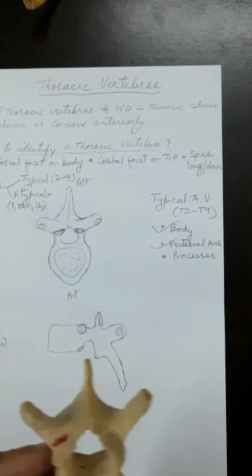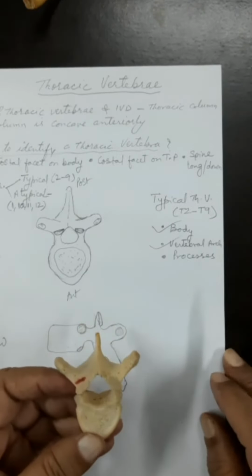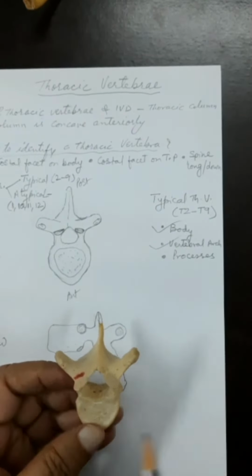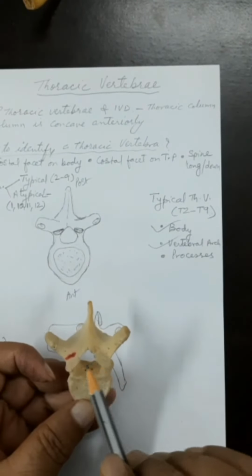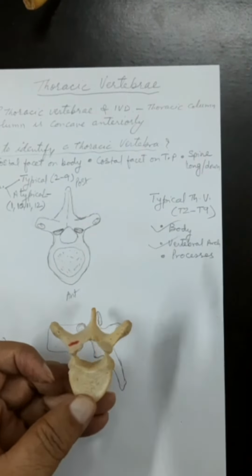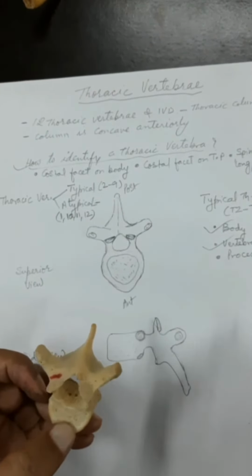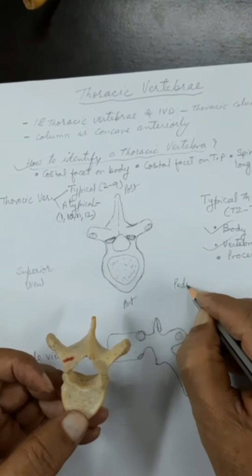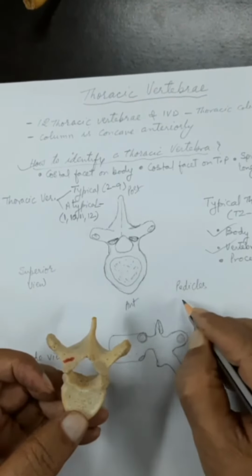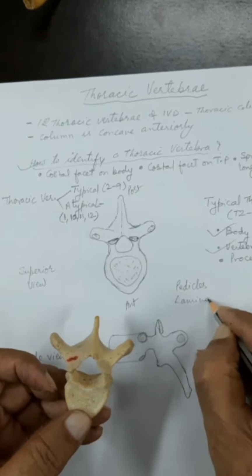So the neural canal, not canal, it is the vertebral canal, and this is present in the vertebral arch or the neural arch. Now, the neural arch or the vertebral arch has two components. One is the pedicle, a pair of pedicles, and then another is the laminae, right and left lamina.